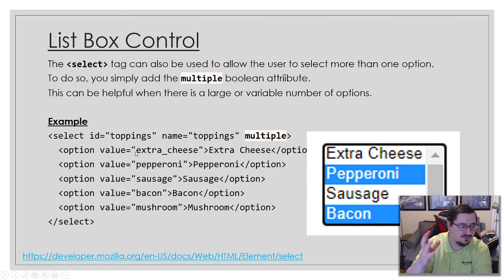Without that, as a dropdown, the user can only pick one thing. If you mark it as multiple, it'll show up like this as a list box, and the user can select more than one thing by either holding down Control or Shift, or doing a Control A to select all. That can be a little bit more flexible if you need to have the user select more than one item.